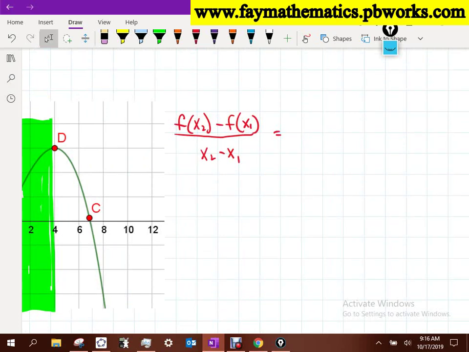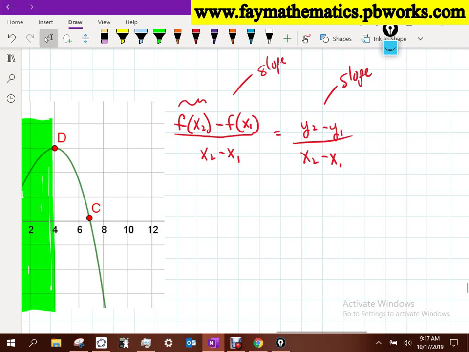It's the y value that's paired with which x? Is it paired with x1 or x2? X2. So this here is the same thing as y2. This is a y value. What's it getting paired with? Y1, right? And we got x2 minus x1. What is this? Slope. So what is this? Slope. Okay? That's all we're doing here.